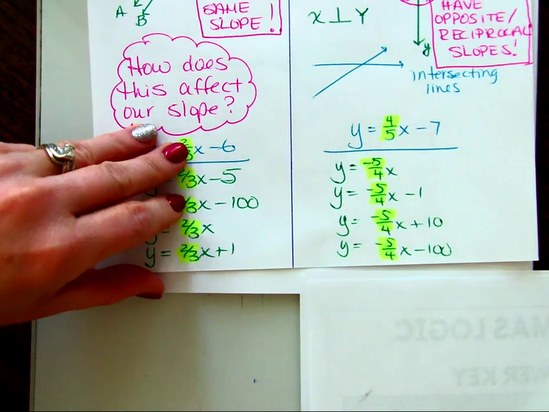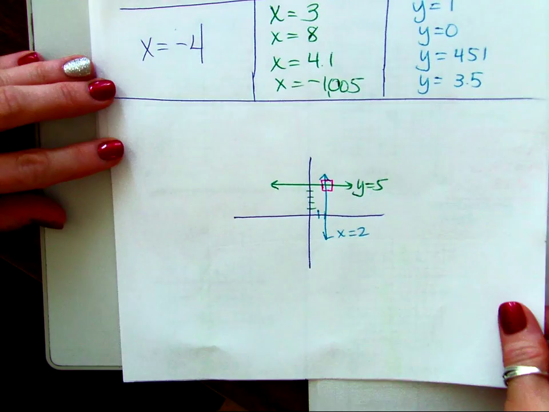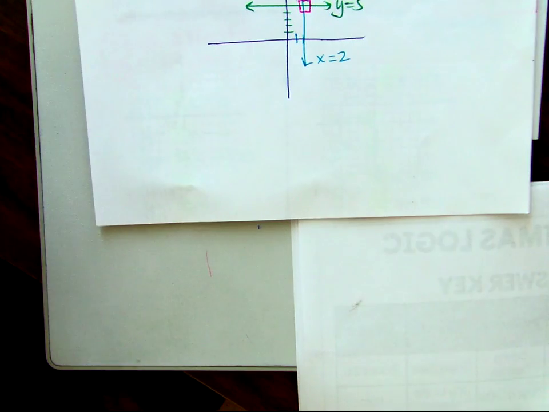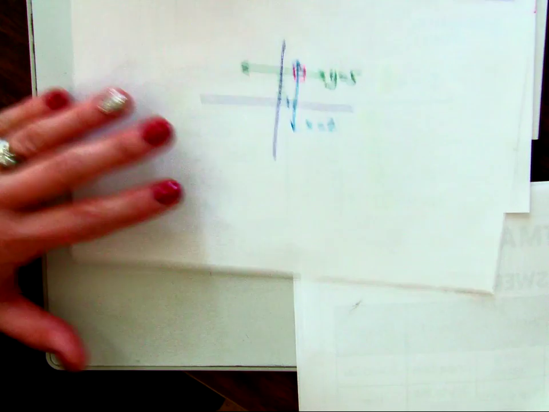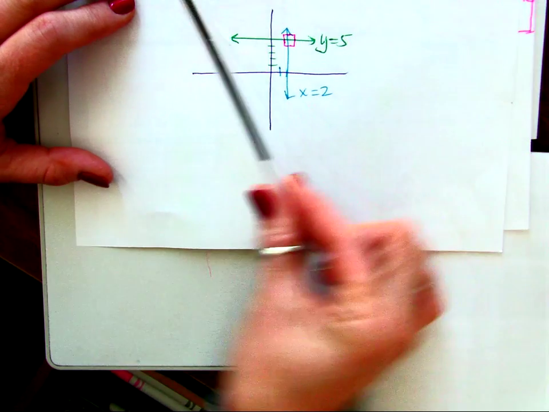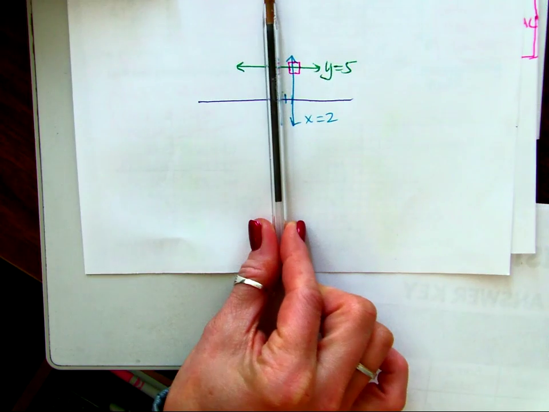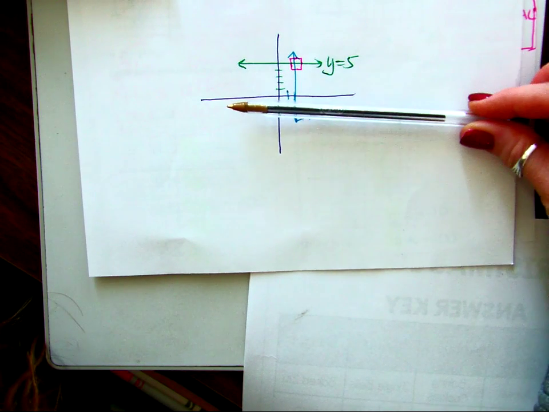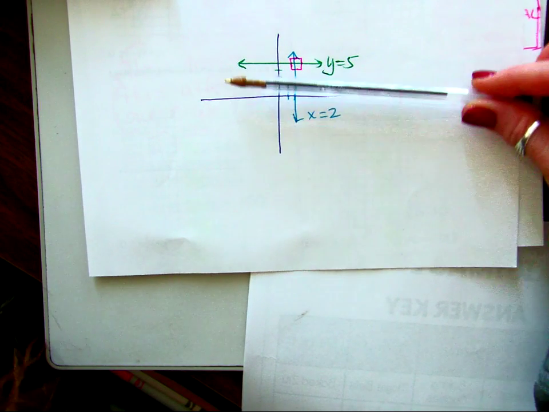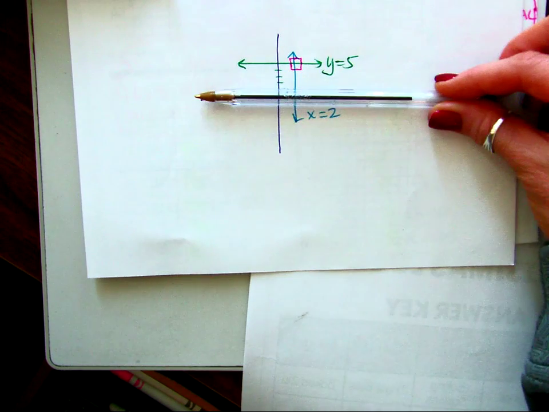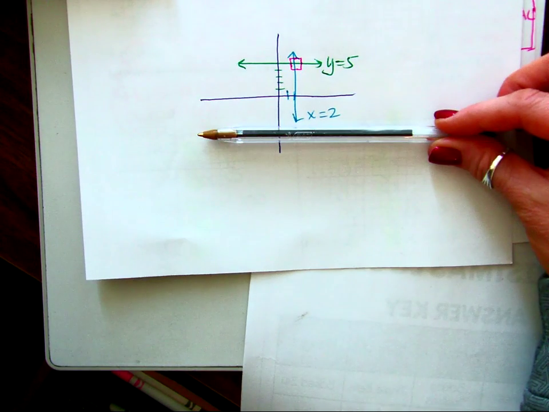And then the other thing we talked about was the horizontal and vertical lines. Right off the bat, every horizontal line and every vertical line are parallel or perpendicular to each other, correct? If this is a y equals line, the only way to get another parallel line is to make it y equals. So y equals is parallel to another y equals, which is parallel to another y equals.